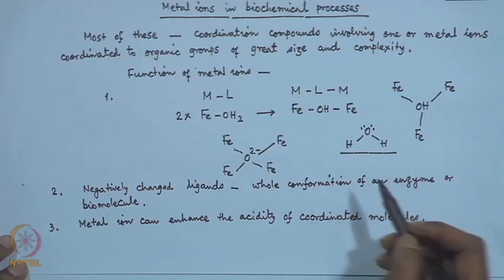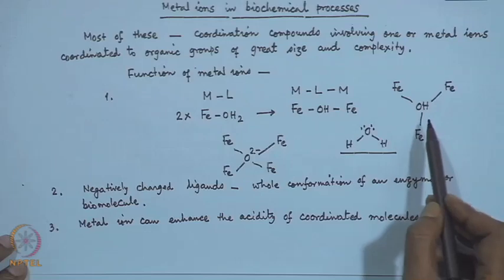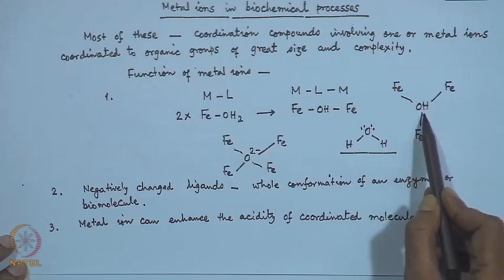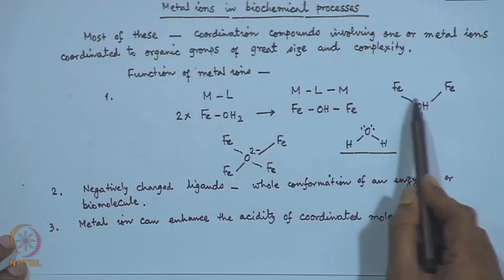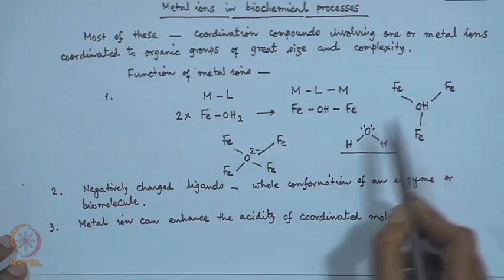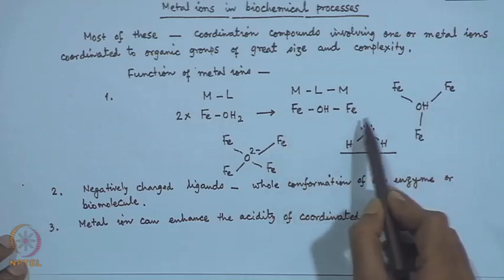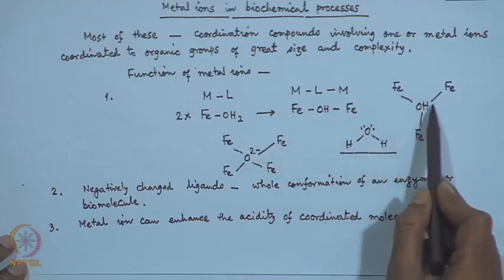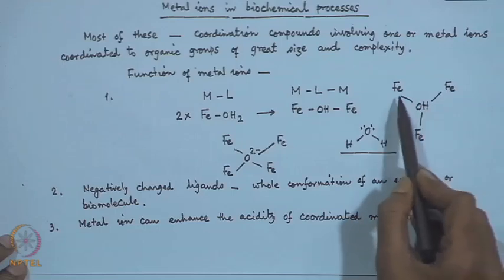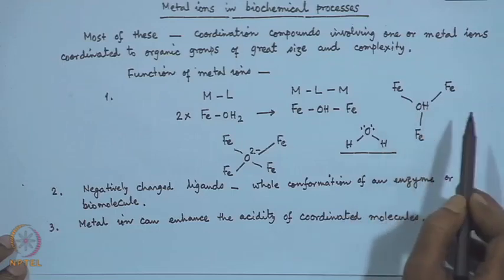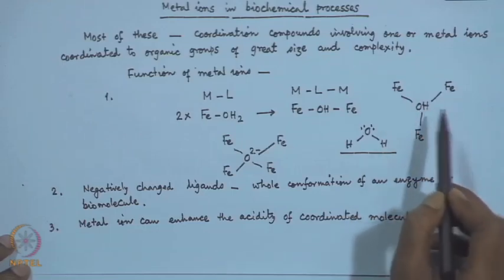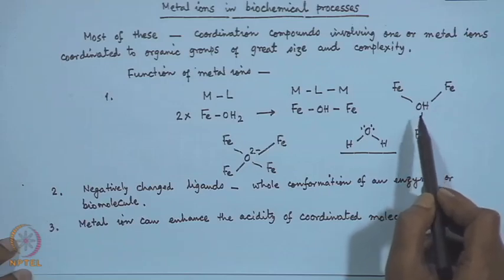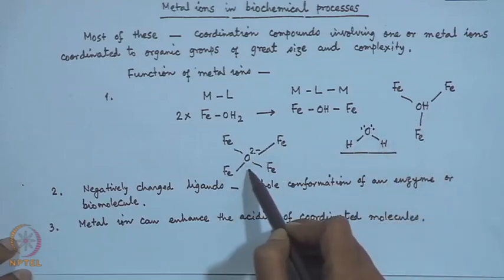So, in the system itself, you are getting that iron center which is attached to the hydroxide, and when hydroxide is forming, starting from 1 iron center to 2 iron centers to 3 iron centers, this hydroxide group is attached to 3 iron centers. So, pK is further lowered, and that particular one will undergo further deprotonation, and you get an oxido-bridge system.